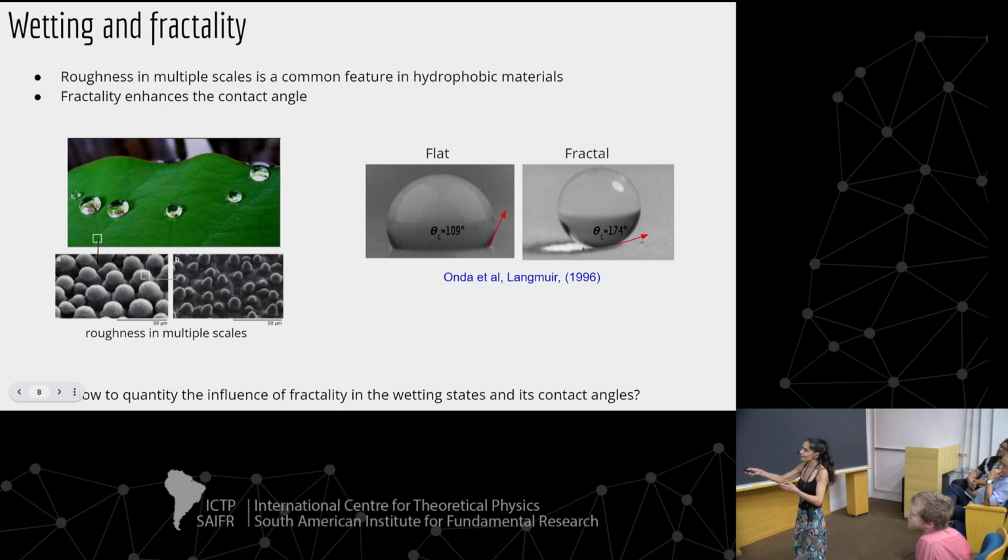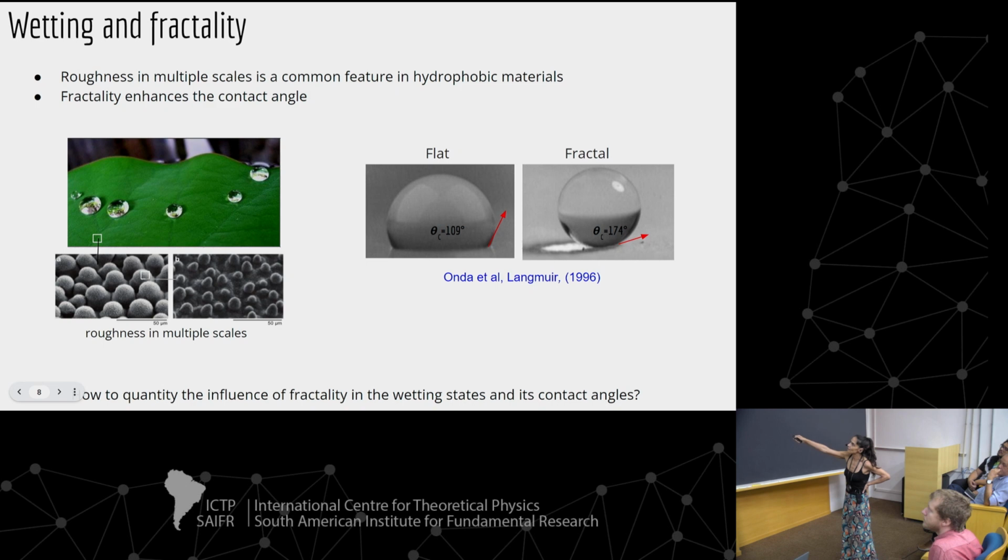And then, based on the fact that it happens very often, engineers and physicists started reproducing this characteristic in the laboratory. And this is one of the first papers in which they show experimentally that fractality really matters in this field.